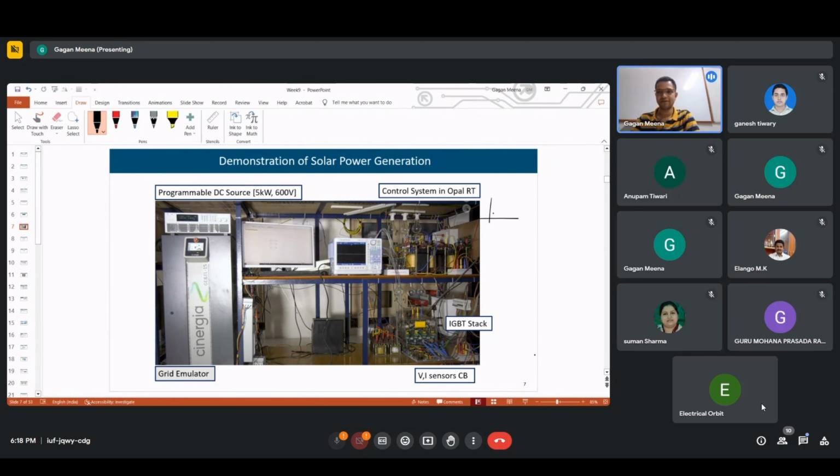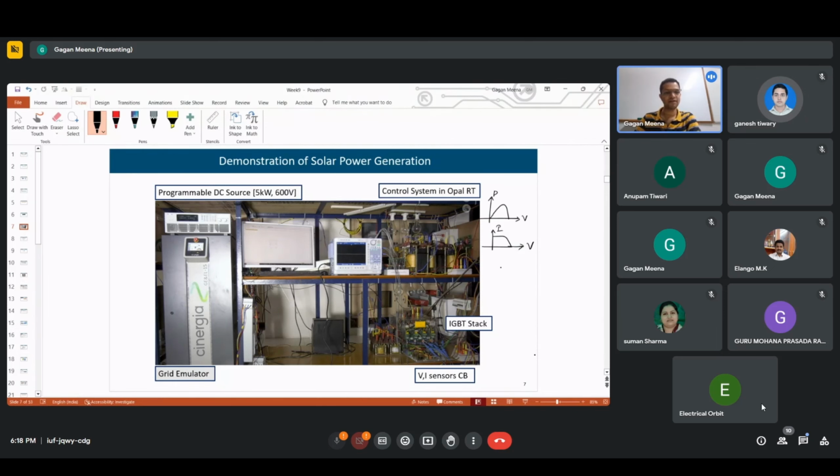So we have different PV characteristics, right? We have this PV and IV characteristics. Not changing, sir. Is it not visible? I'm drawing these PV and IV characteristics. Is it visible? No, sir. On the screen, it is the demonstration of solar power generation.